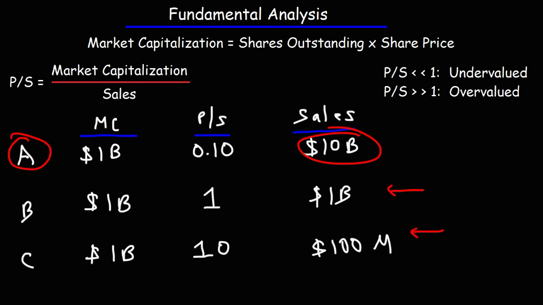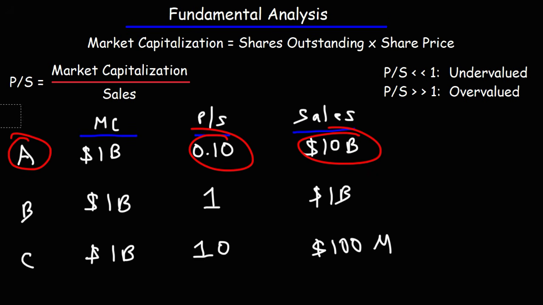This is significantly larger. All because the price to sales ratio is the smallest of the three. So keep that in mind. That's one way in which you can determine if a company might be undervalued, is by comparing its sales to its market cap. If the price to sales ratio is very low, then it could be undervalued. If it's very high, that's an indication that it might be overvalued.